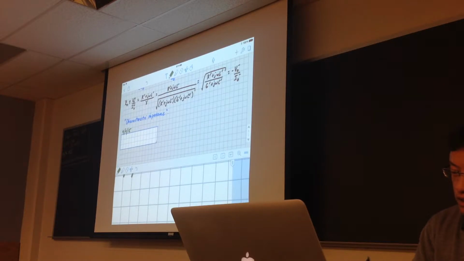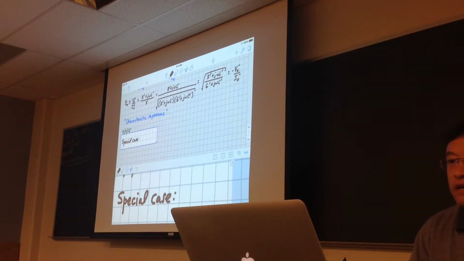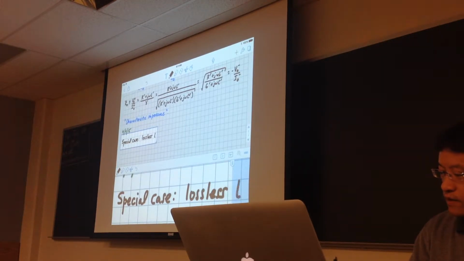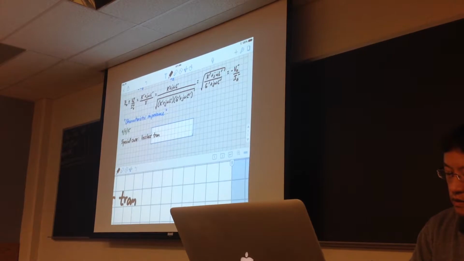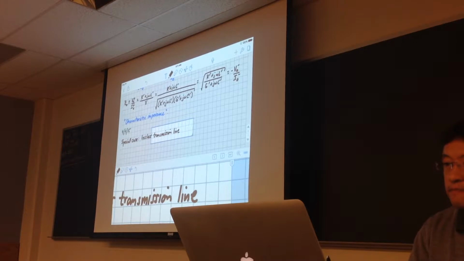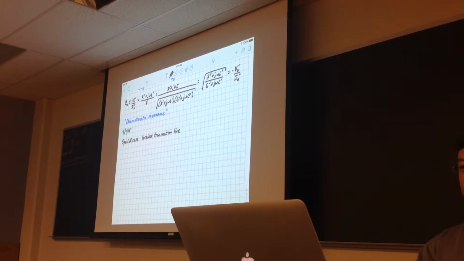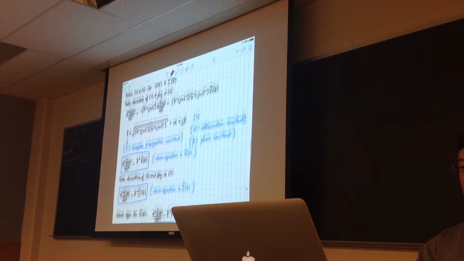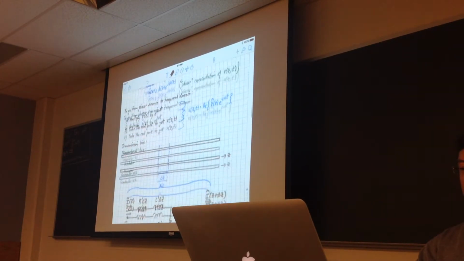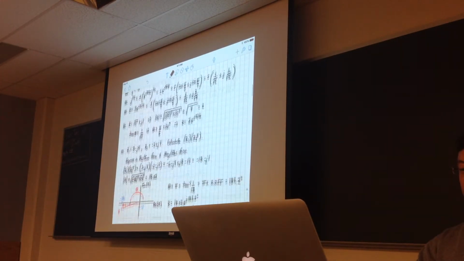Let's take the special case of a lossless transmission line. Okay, so in the special case of a lossless transmission line, I'm going to go back to my transmission line model.